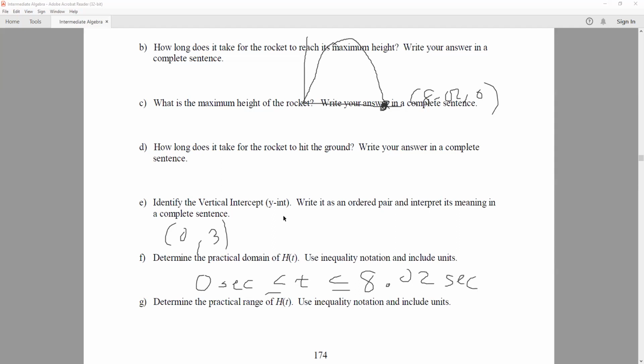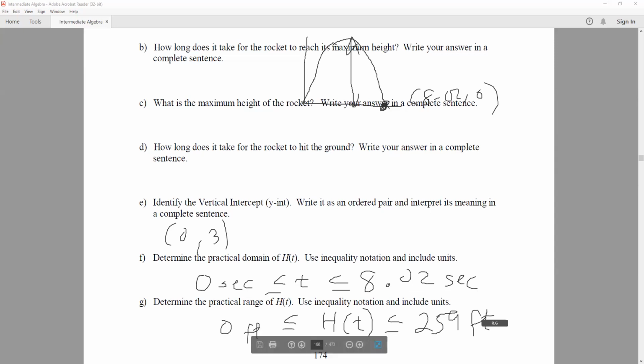What about the practical range? Remember it's going from here to the ground. So we have 0 feet, h of t.